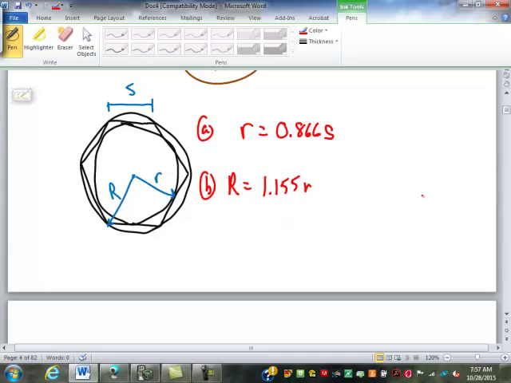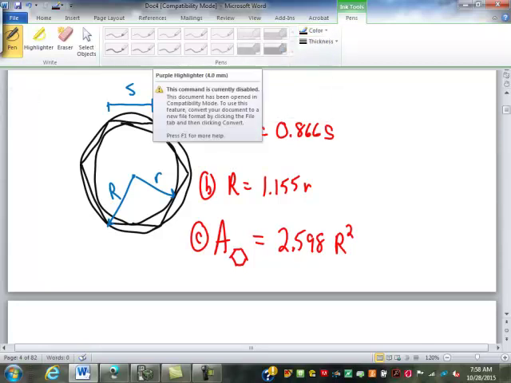What is the area of the hexagon if the area equals the product of 2.598 and the square of the radius of the outside circle? So the area of the hexagon equals the product of 2.598 and the square of the radius of the outside circle. So is that times capital R? It's capital R squared. Very good.